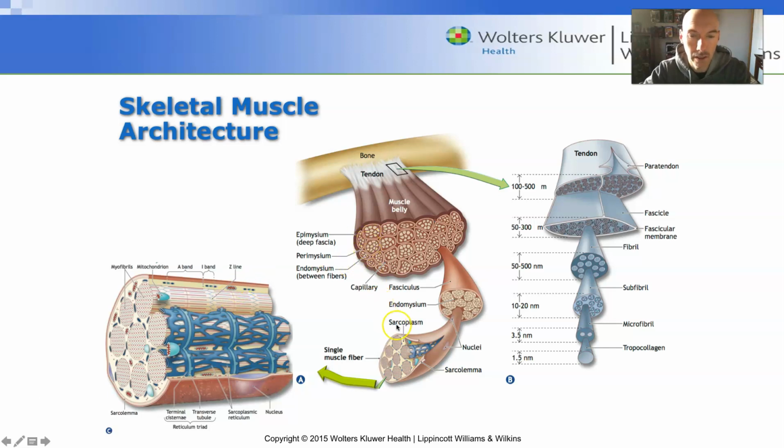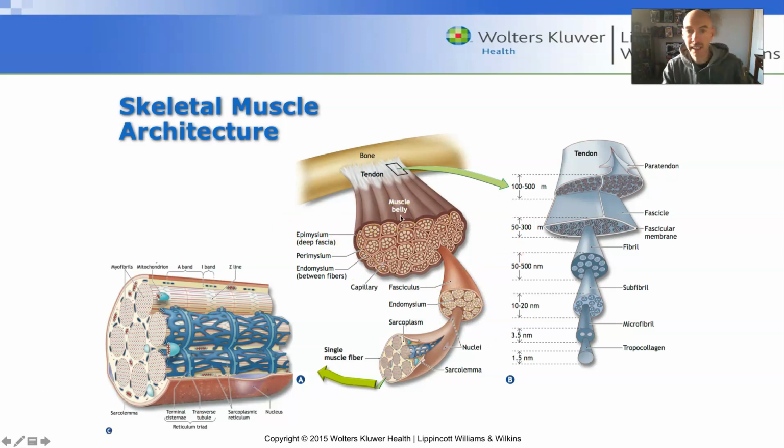And the other thing I want to point out on this slide is we have these different layers of connective tissue, the epimysium, perimysium, endomysium. The endomysium wraps individual muscle fibers. The perimysium will wrap fasciculi, and the epimysium basically wraps the entire muscle.